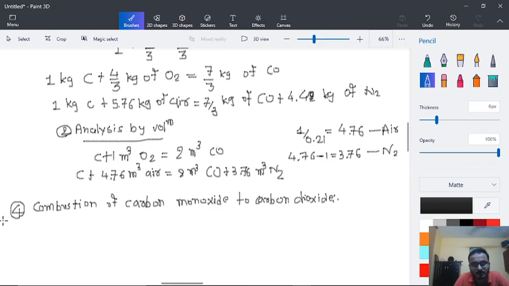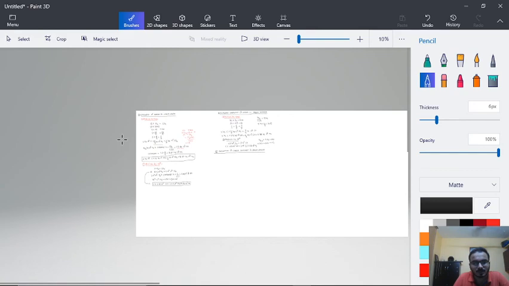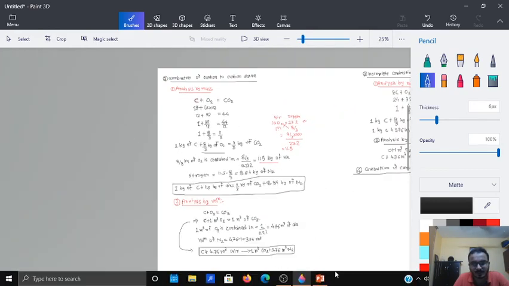So this will be our fourth case of combustion analysis. So we will stop here for today, and let's first copy this.